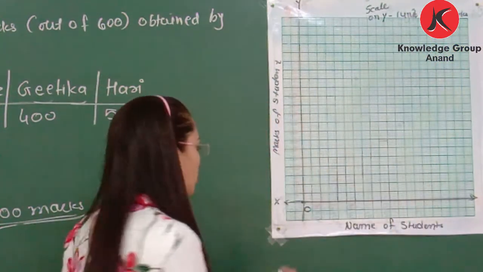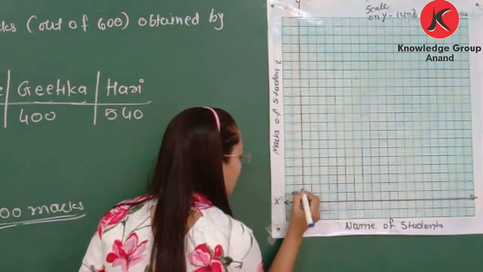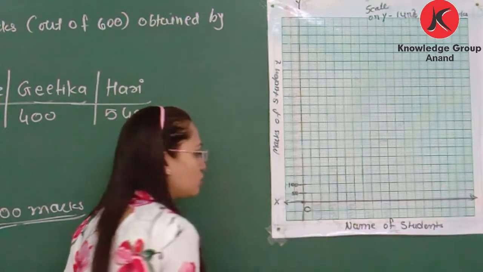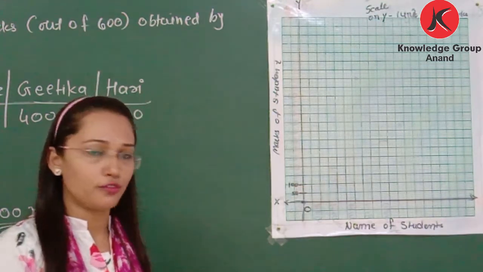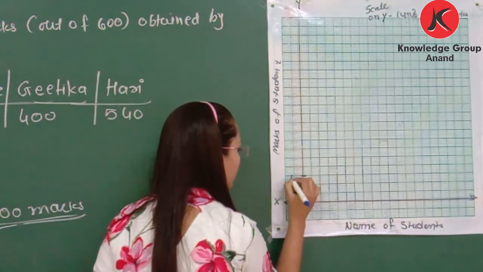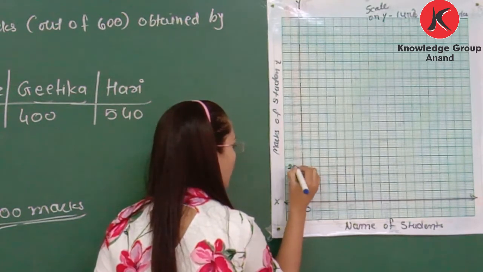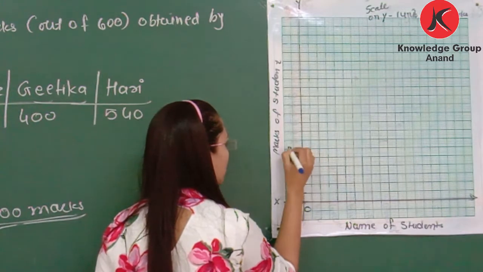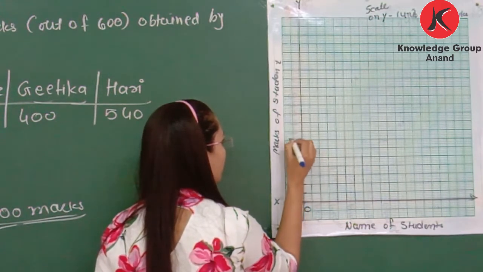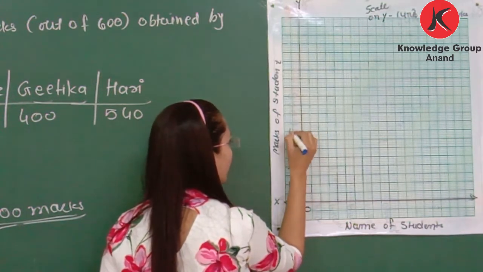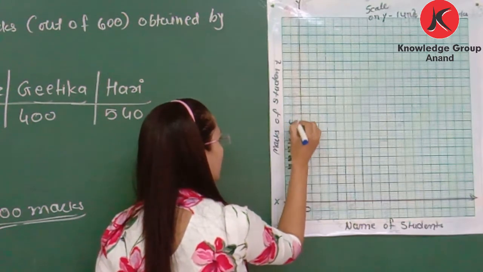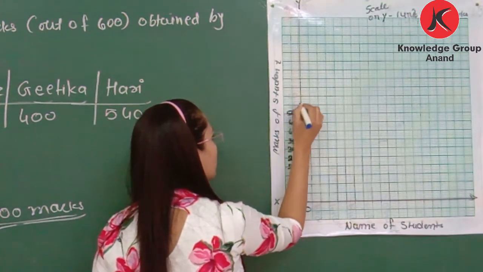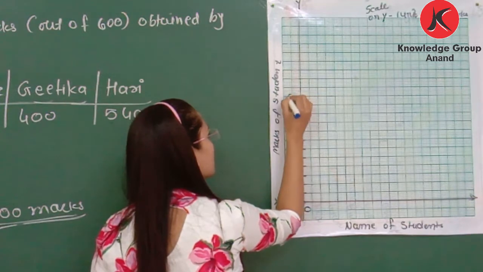So 0 to 50, then 100. You need to select groups of 50. So after 100 it is 150, then 200, 250, then 300, 350, 400, 450, 500, 550, 600.